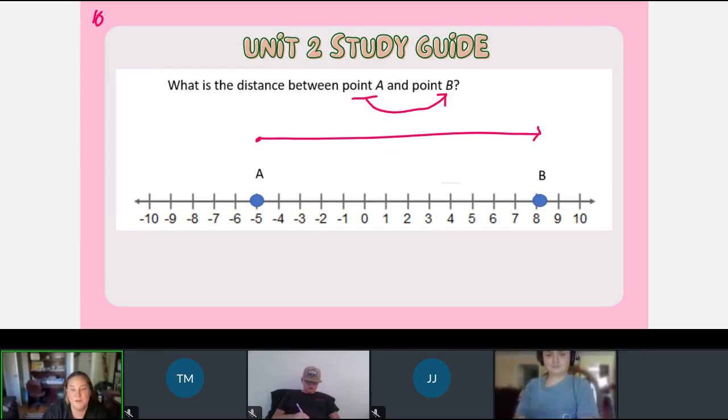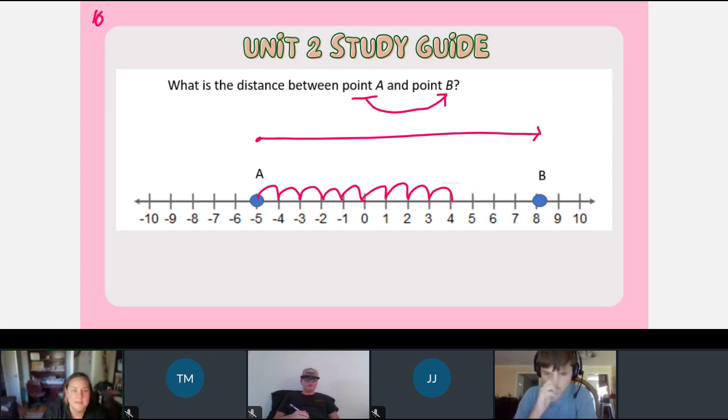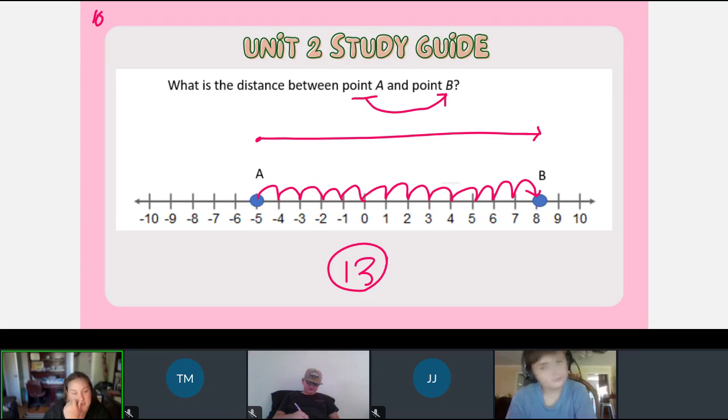Okay, so all you have to do here to find out what the answer is, count how many jumps from when you start at A until you get to B. So we do 1, 2, 3, 4, 5, 6, 7, 8, 9, 10, 11, 12, 13 jumps here. That is your answer. The distance is 13, positive 13.